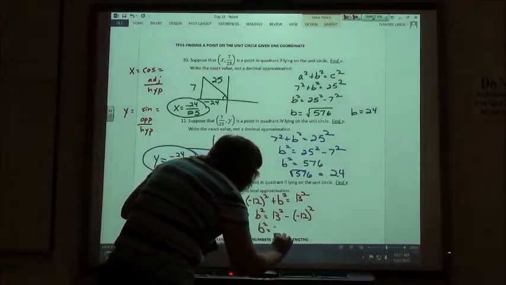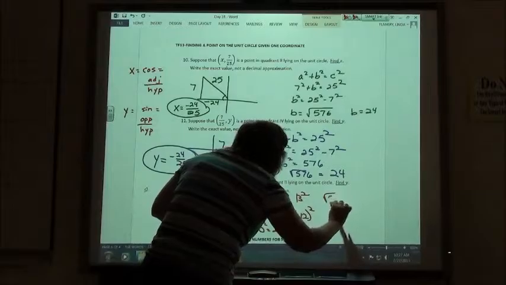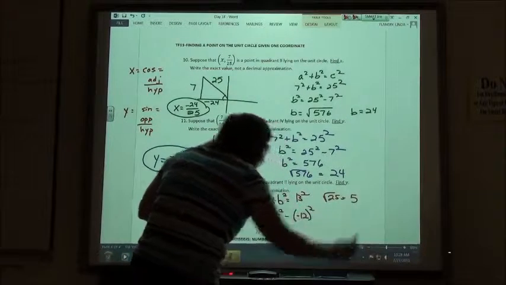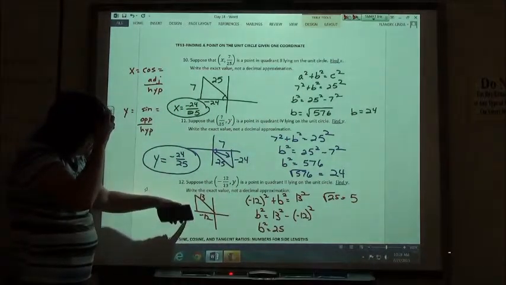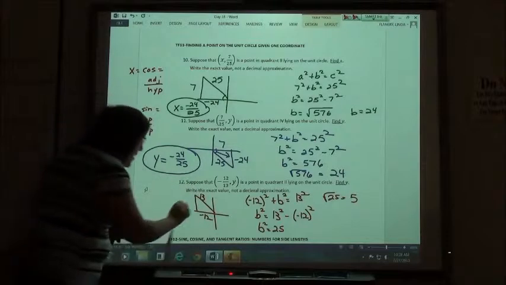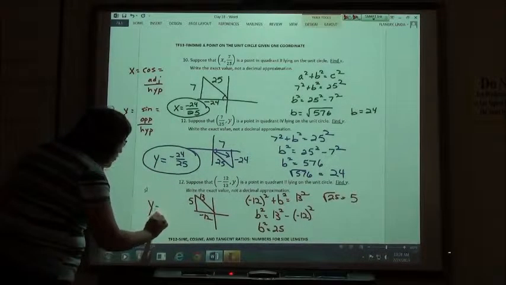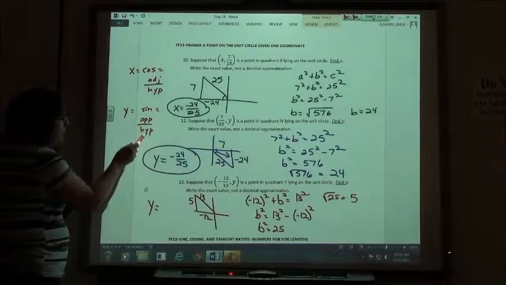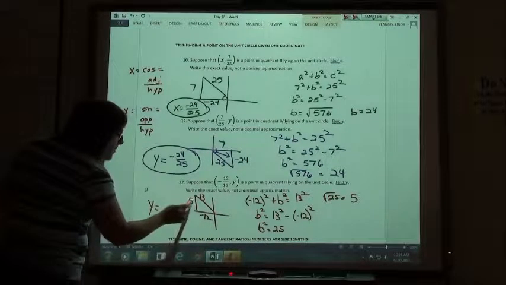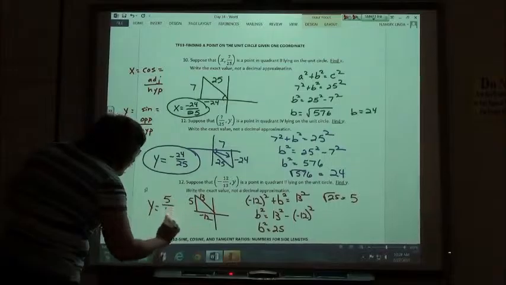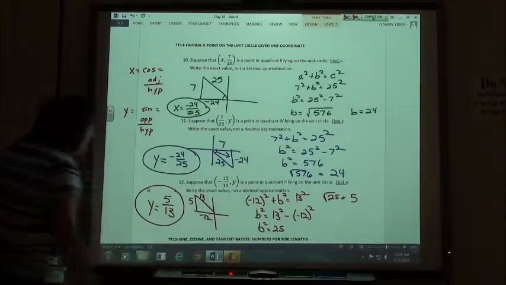B squared equals 25, so the square root of 25 is 5. This side is going up, so it should be a positive 5. And then we are finding the y value. The y value is the opposite over the hypotenuse, so 5 over 13.